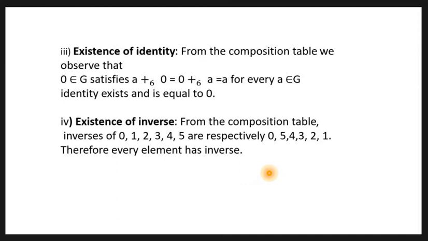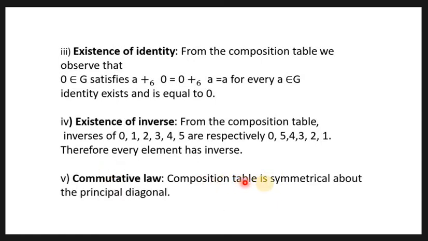Then finally, we have to show that it is commutative. In order to prove the given set G is a commutative group or an abelian group, the composition table is symmetrical about principal diagonal. Therefore, commutative law holds good. Let us view the table again to confirm this result.